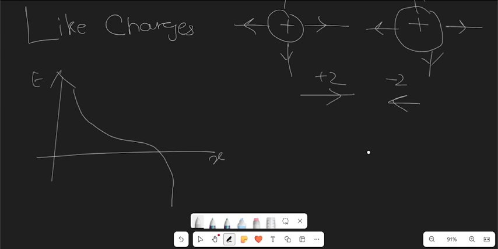Because whenever you have a charge inside the electric field, there is no electric field strength, there's like infinity, right? So that is when you have this graph E over x. It becomes 0 here. Why does it become 0 here? The reason is because of the like charges. They're in the opposite direction, right?